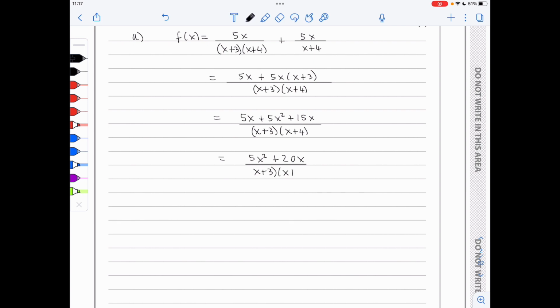We can see we have a common factor of 5x in the numerator, so it's 5x(x plus 4) over (x plus 3)(x plus 4). And then obviously the x plus 4 will cancel out, and I'm left with 5x over x plus 3 as required. So the final answer for part A is 5x over x plus 3 as required. It's a show that question, so we need to show every single step to claim full marks.